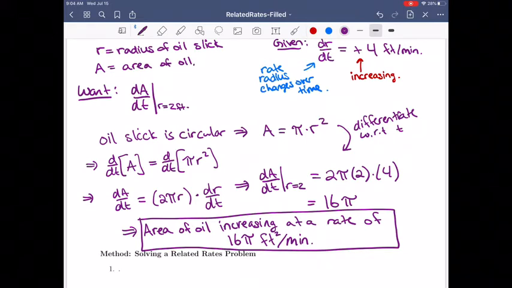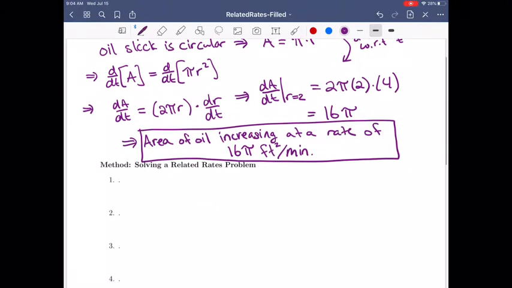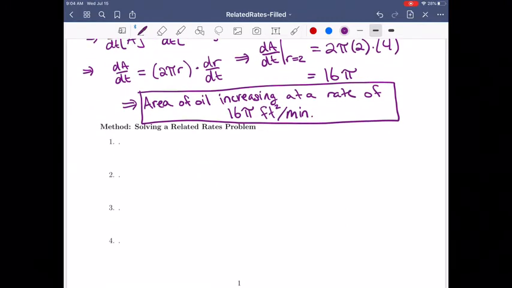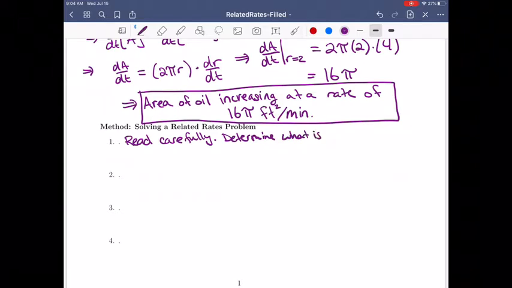Okay, so that's the idea of these problems. Let's talk about the method we just used. As normal, I'm going to encourage you to read the problem carefully. It's useful to think about what is known or given, and what you want to find.